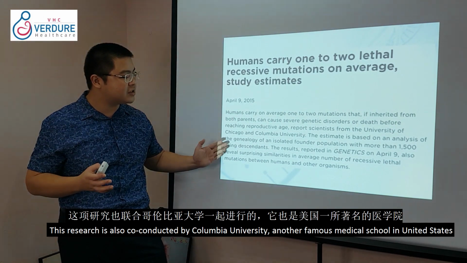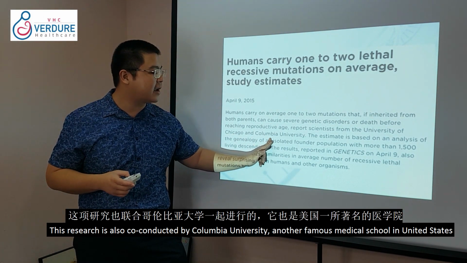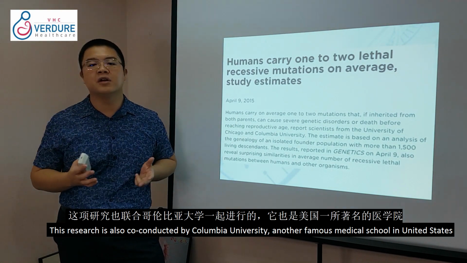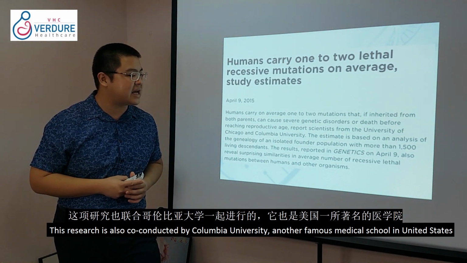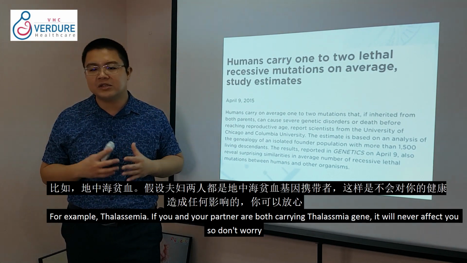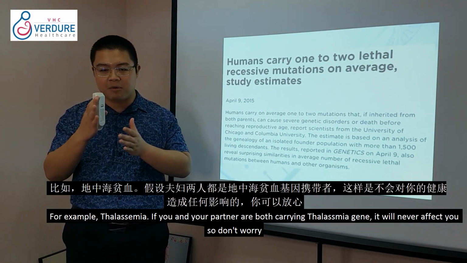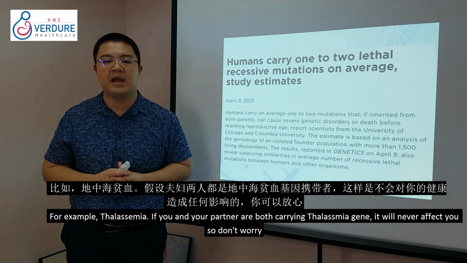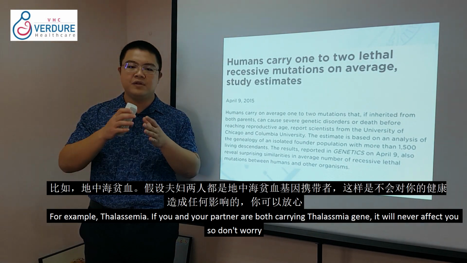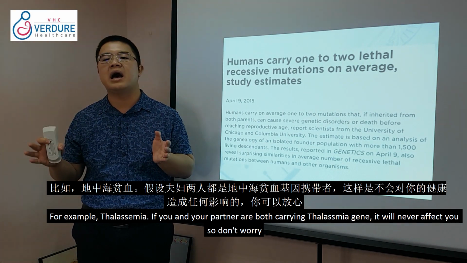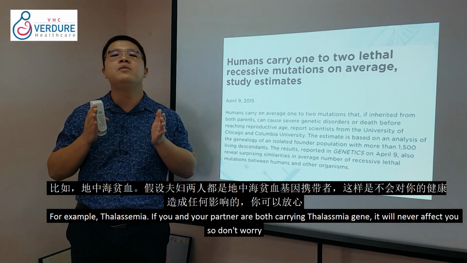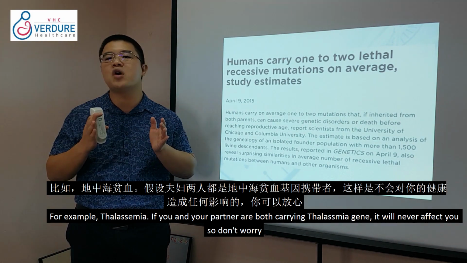This research was also co-done by Columbia University, another very famous, very good medical school in the United States. Let's use a more common disease, thalassemia, another type of anemia. If you and your partner are carrying the thalassemia gene, it will never affect you, so don't worry.